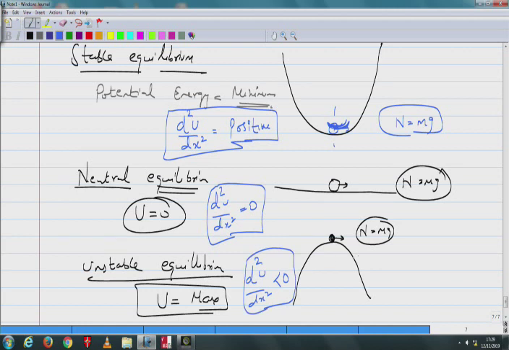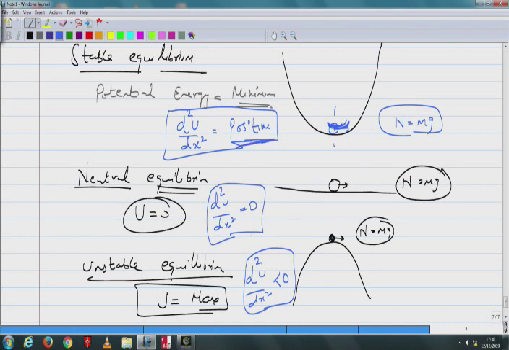That is how we can check whether something is at stable equilibrium or unstable equilibrium. Got it? So these are the conditions.